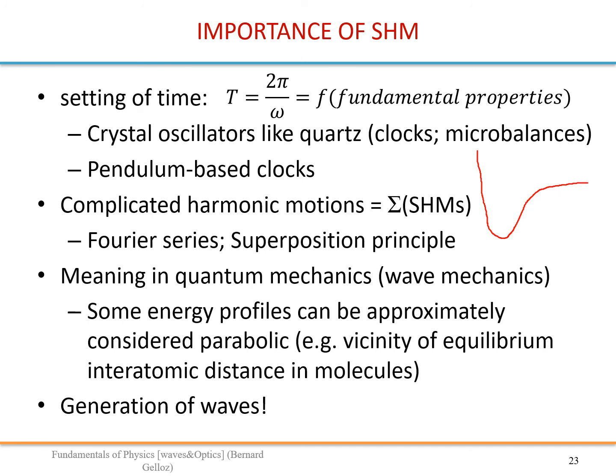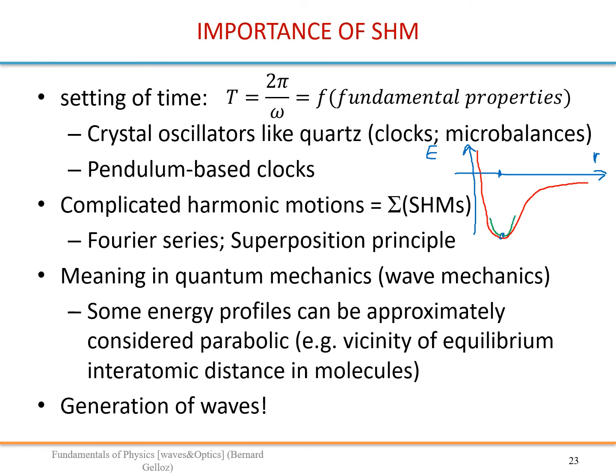This is your potential energy, this would be your energy, and this is position R. Of course, the equilibrium position between two atoms will be at the minimum. This is a generally complicated function, but close to the minimum, so close to the equilibrium position, you can approximate that to a parabola.